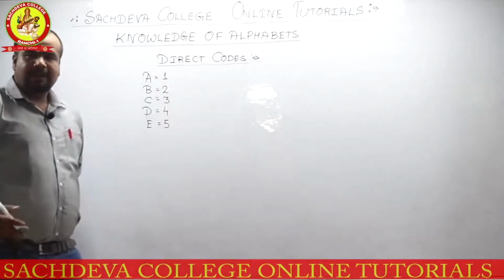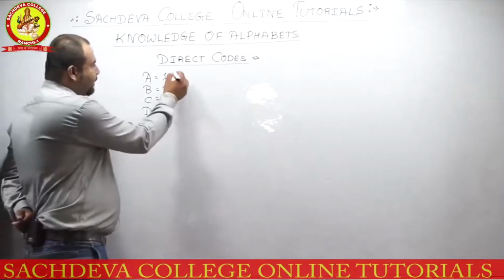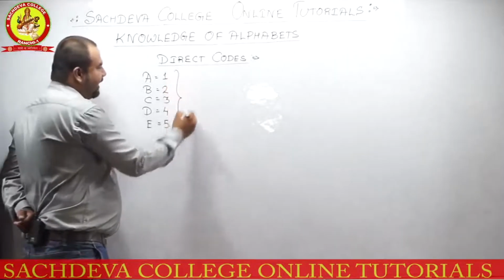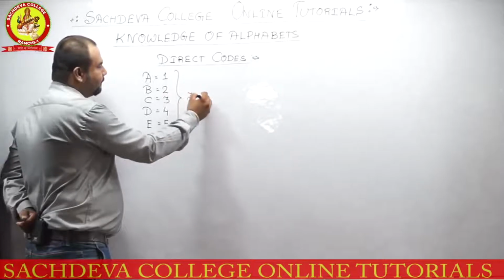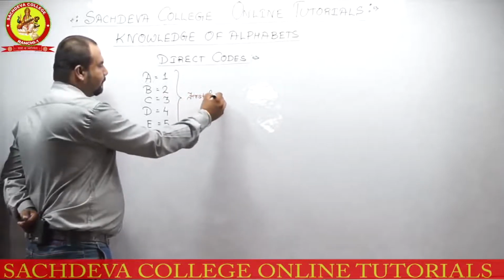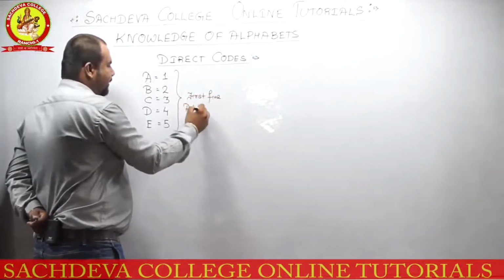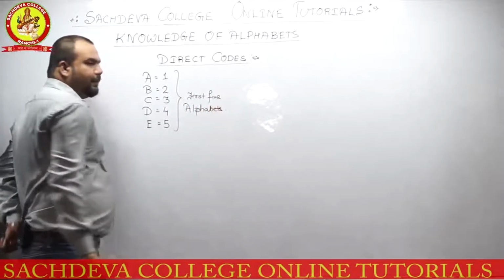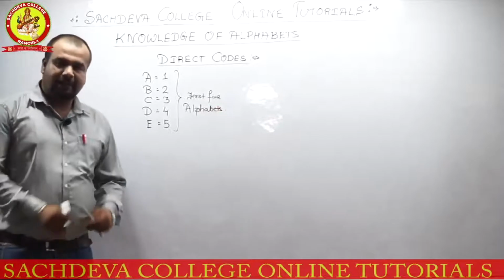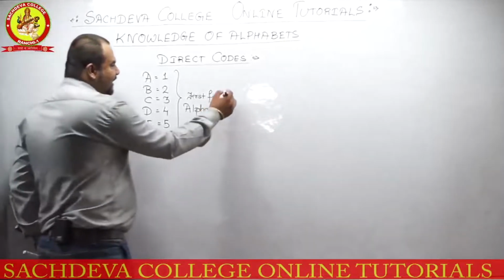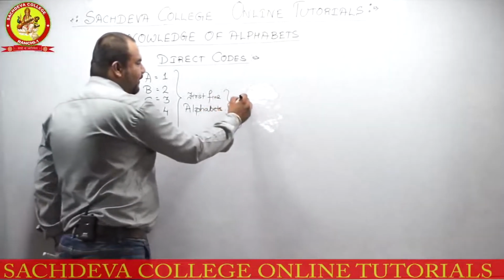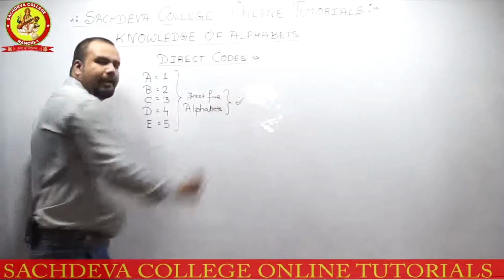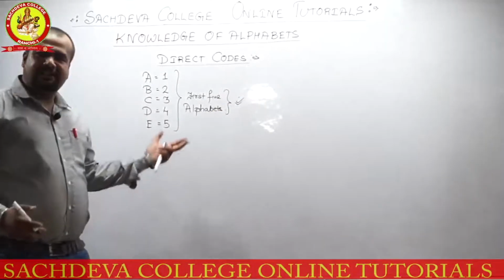Yes or no? These are the first 5 alphabets. Now, these first 5 alphabets, I think everyone remembers. Yes or no? You might be remembering it.